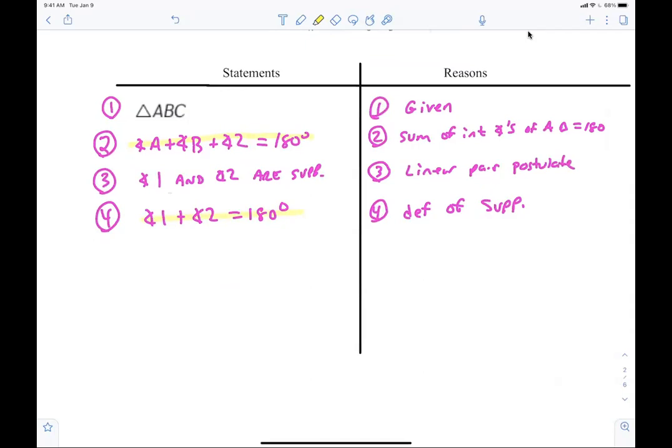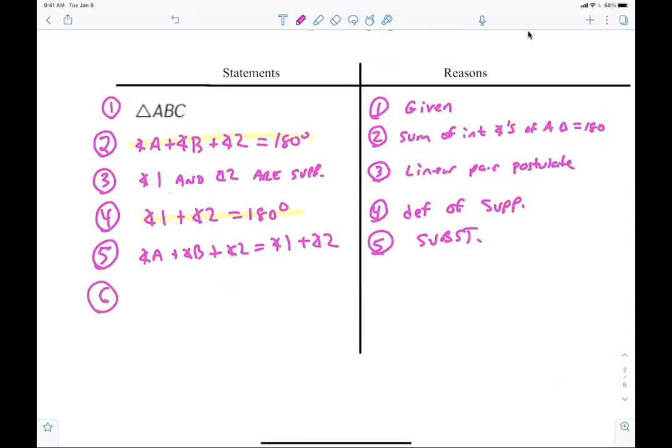Angle A plus angle B plus angle 2 is equal to angle 1 plus angle 2. You're awesome. And of course, that's just substitution. And then what can I say?